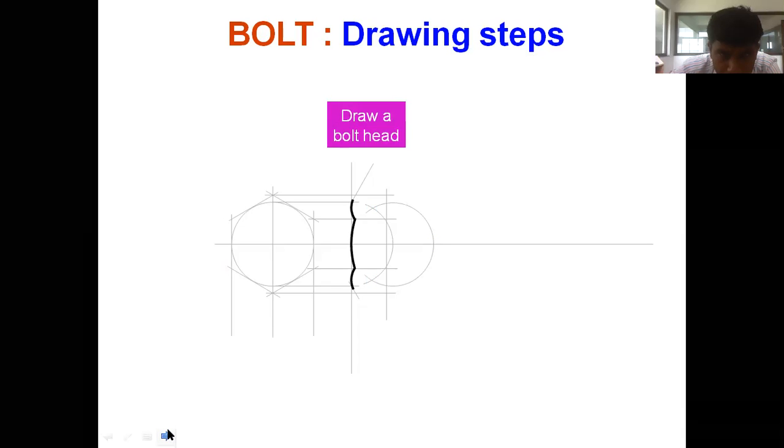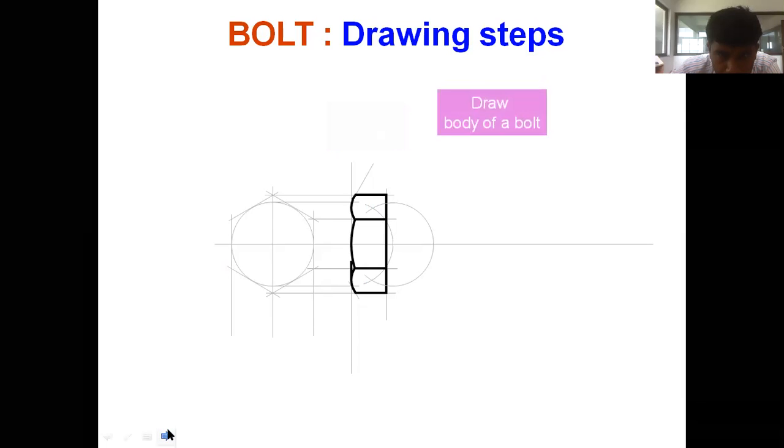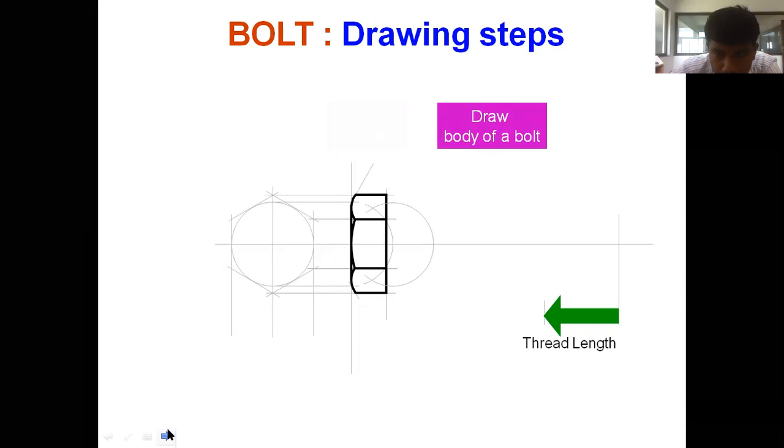Draw the body of the bolt: length, thread length, major diameter, minor diameter.